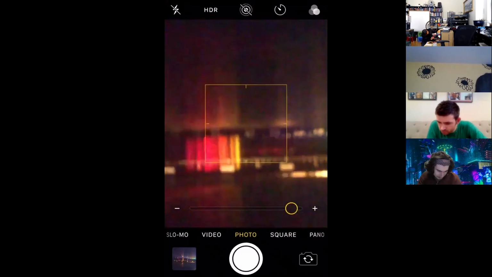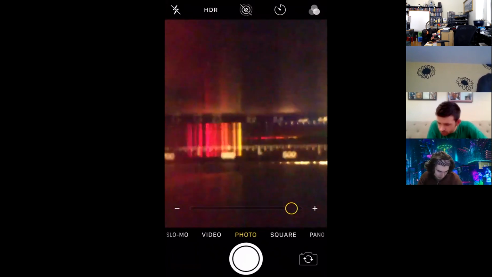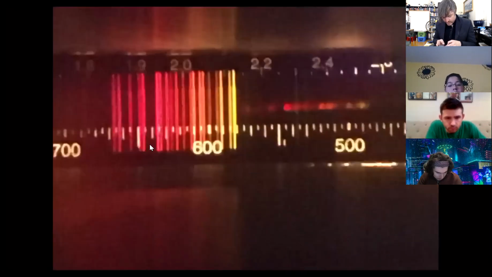Hold on, something's funky here. All right. That third one came up pretty darn good. Wow, look at that. There's actually even green and blue lines in there, but they're fainter, it's harder to see.